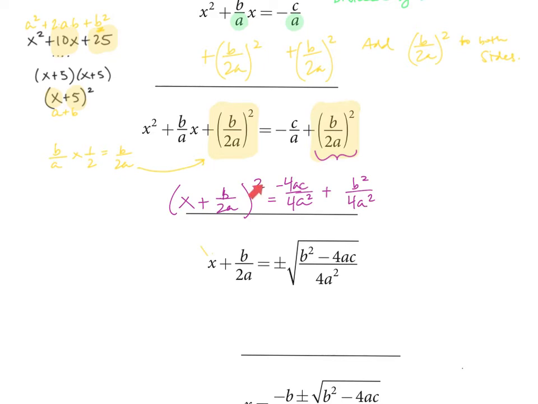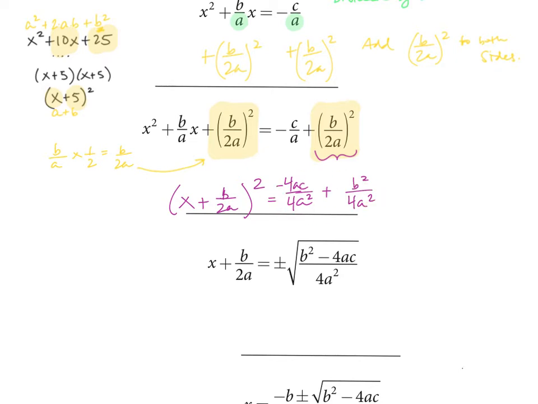Now, eventually, you can see if we look from here to here, our squared sign goes away, and we have a square root on the other side. Most likely, we're going to have to take the square root of both sides. But something I want to re-emphasize before that is putting all of this together on the right side.